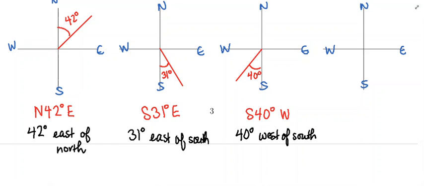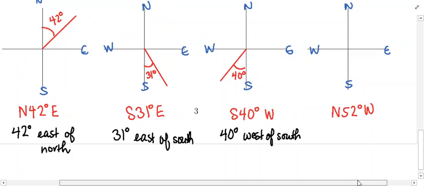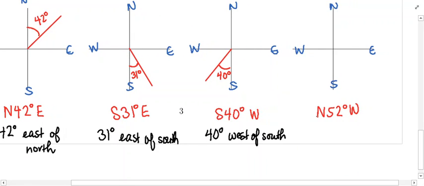All right, one more. This time my bearing is going to be this. If we interpret this, we are going to rotate 52 degrees west of north. So you are going to align yourself with due north.